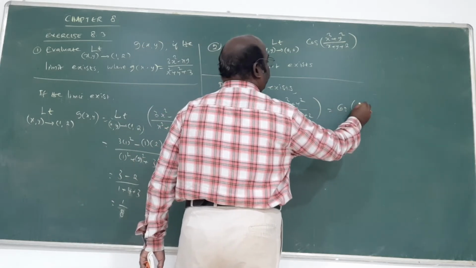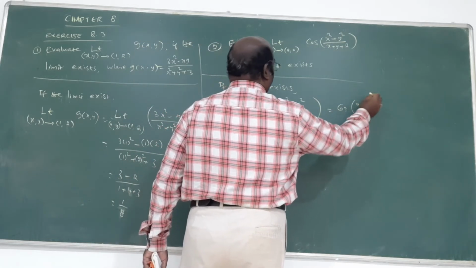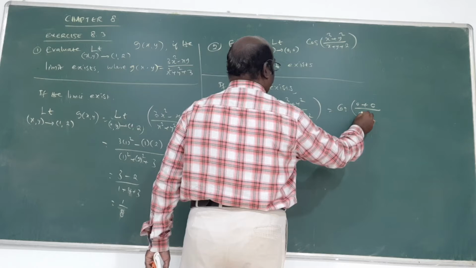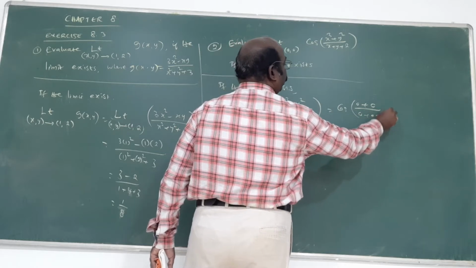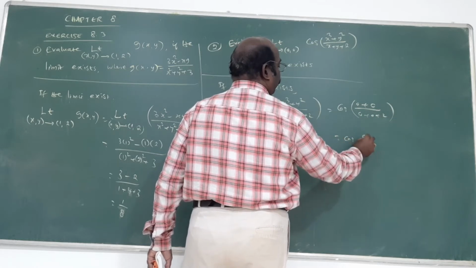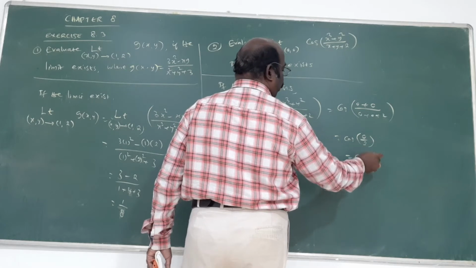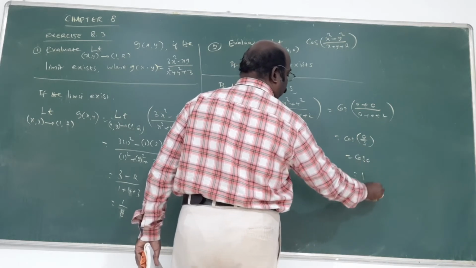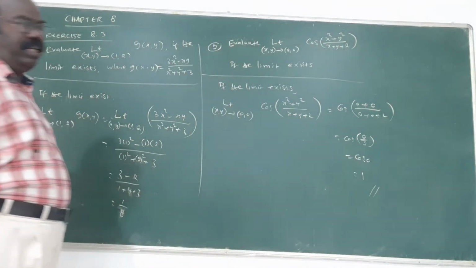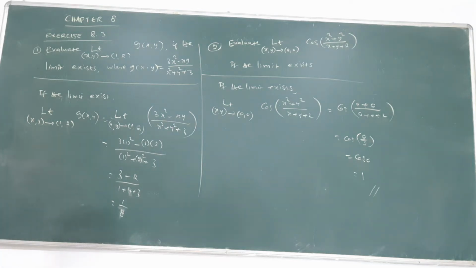Cos of 0 cube plus 0 square, by 0 plus 0 plus 2. So cos of 0 by 2. Cos 0 only. Only replace the x value and y value to get the answer. Very simple concept.